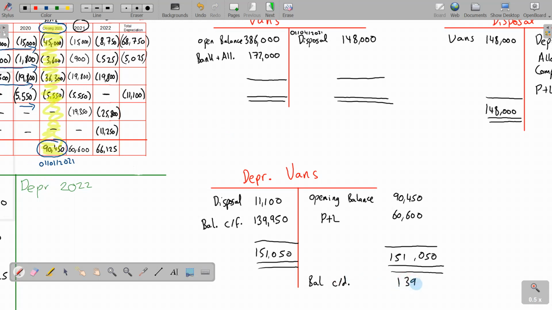Balance brought down 139,950. Looking at our vans, we can see the credit side is much greater. We got 558,000.